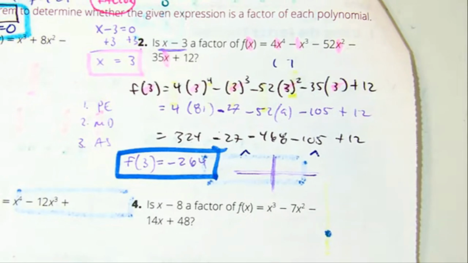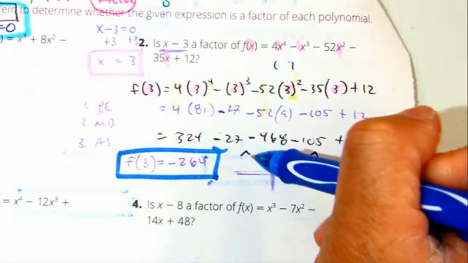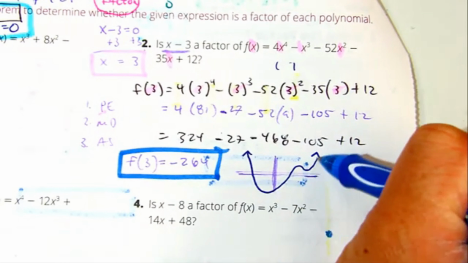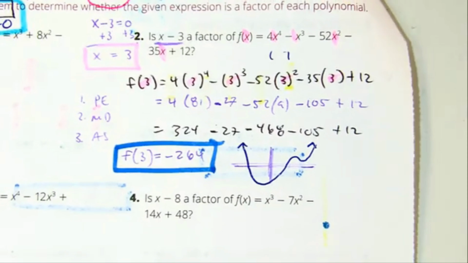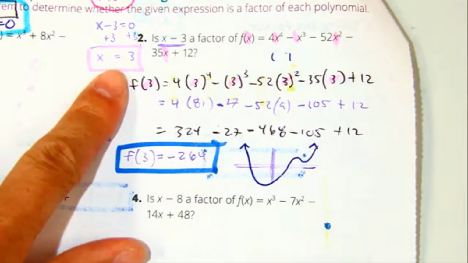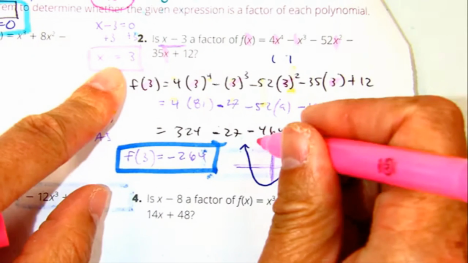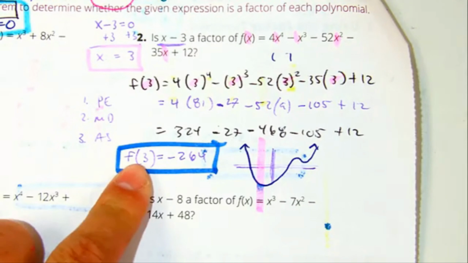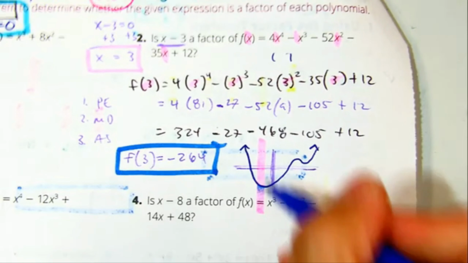So if I draw something like that, and then we've been working on x equals 3. This is my intersection. This is an ordered pair, 3, negative 264.